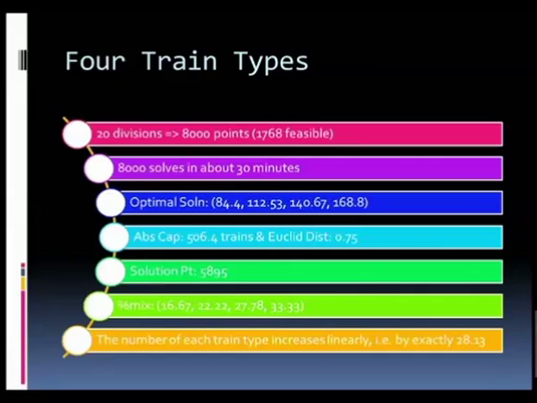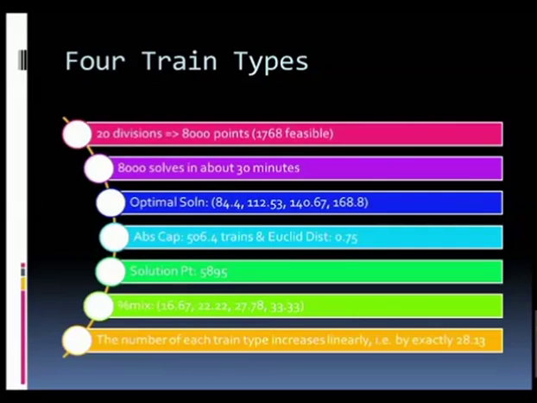So the actual best solution is the 5,895th one of the 8,000. And that mix gives us an equivalent proportional mix. So 16.67% of the trains are type 1, 22.2 for the next one, and so forth.